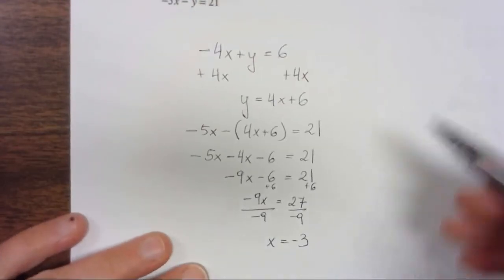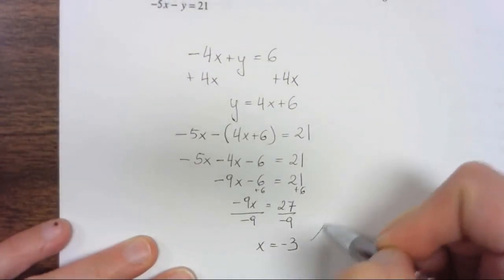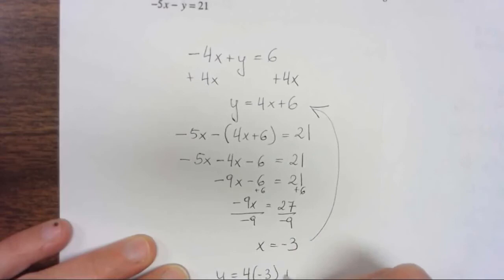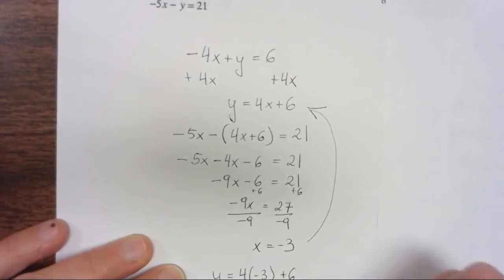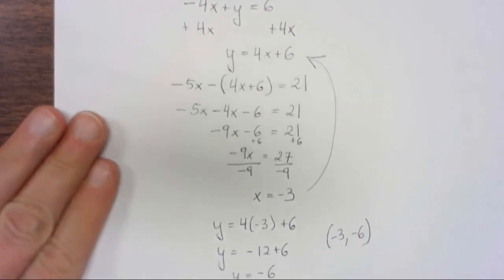Okay, if x equals negative 3, I am going back to this one and plugging it in. So y equals 4 times negative 3 plus 6, which is negative 12 plus 6, which is negative 6. Final answer, negative 3, negative 6. Hopefully it went well.